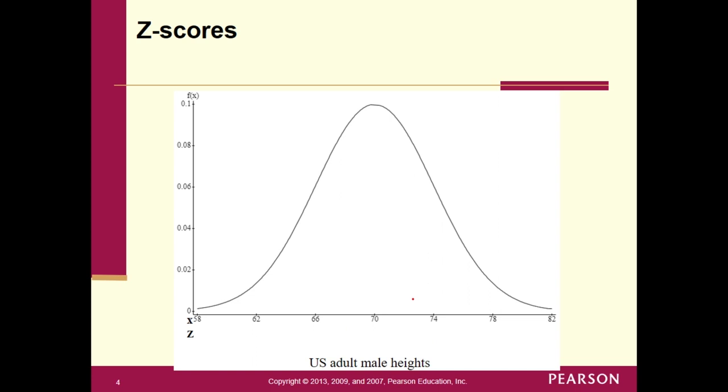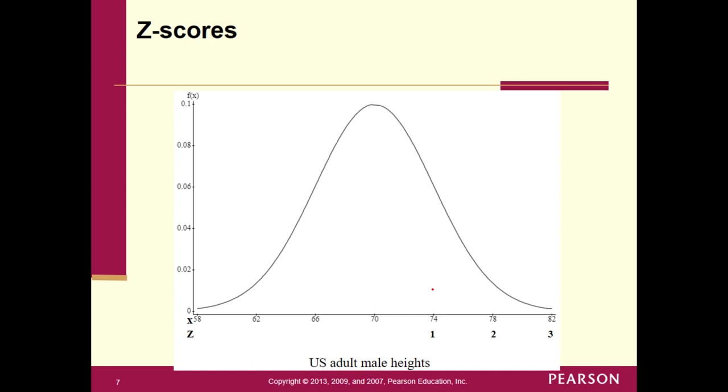Let's start with 74, all right? So here's the mean of 70. How many standard deviations did we go to get to 74? We didn't go 4 standard deviations, we only went out 1 standard deviation, because the standard deviation was worth 4. And what about 78? We went out 2 standard deviations, so the z-score would be 2.